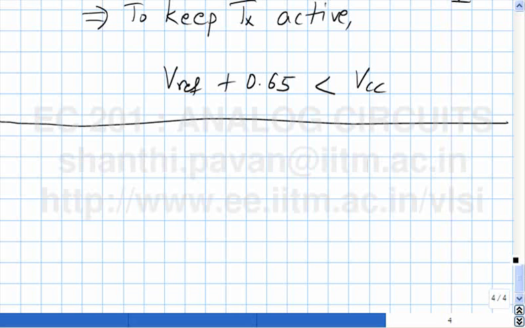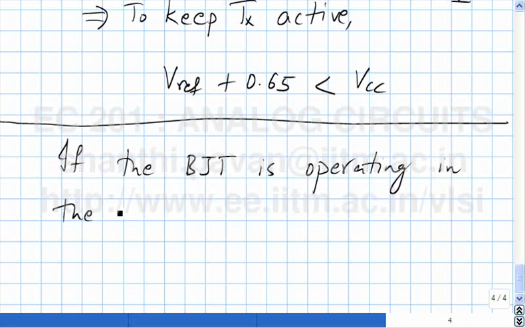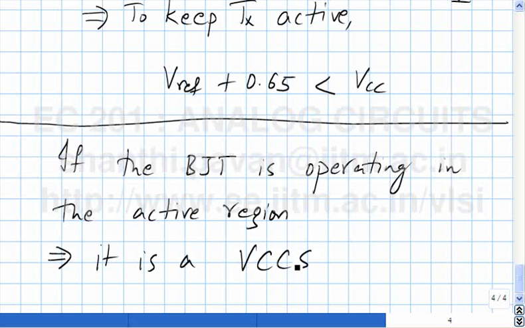The bottom line in all these discussions is the following, that if the transistor is operating in the active region, the transistor is basically a voltage controlled current source, and fundamentally, is there any limit on the transconductance of the VCCS?